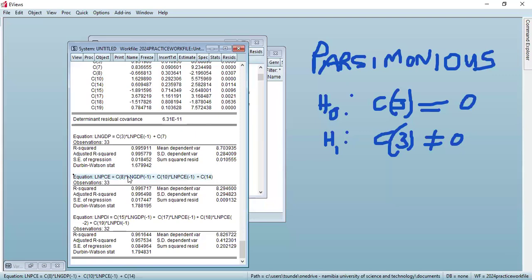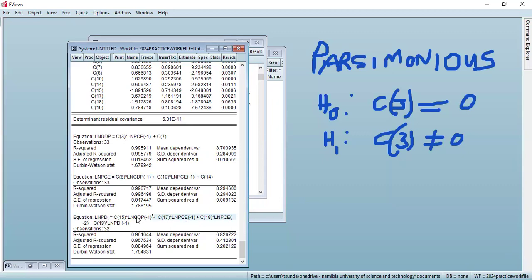Because we are not interested in PCE Granger causing itself. In the first equation, if we are interested in PCE, we test C3. Then in the last equation, we are testing whether GDP Granger causes PDI, and we are also testing whether PCE Granger causes PDI.